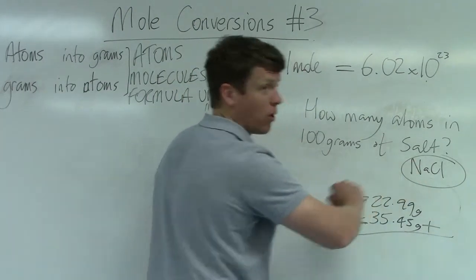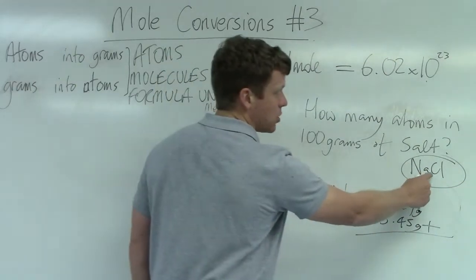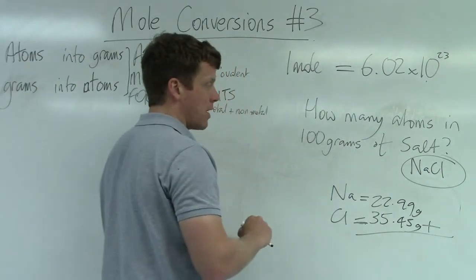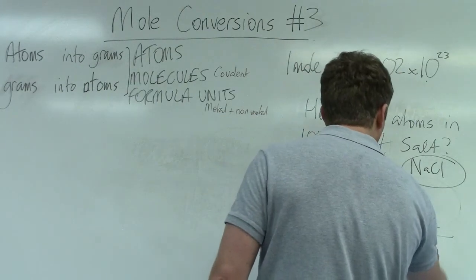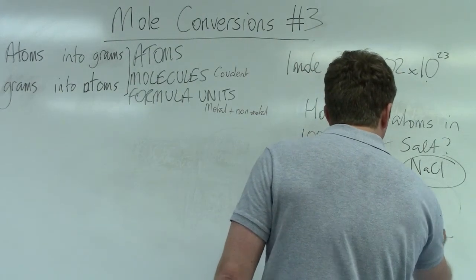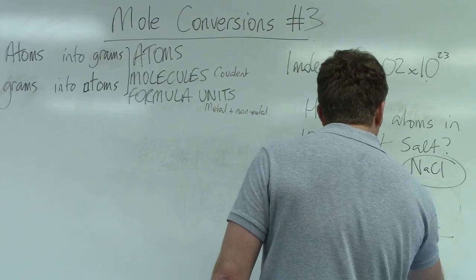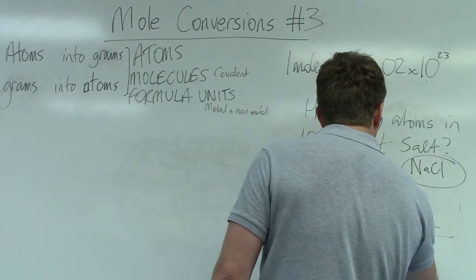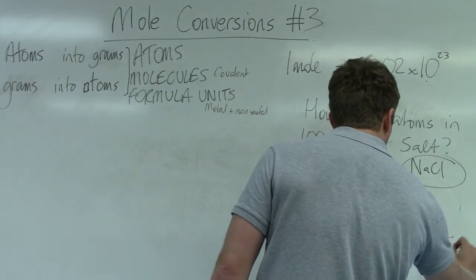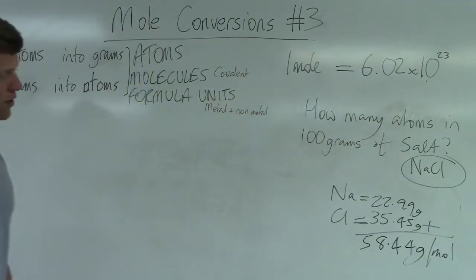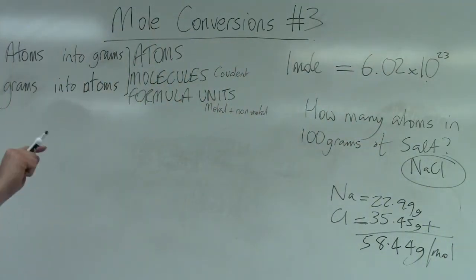The ratio is only 1 to 1, but we've got to pay attention to any subscripts that are there or not there. If you add those up, you get 58.44 grams of sodium chloride is equal to the mass of 1 mole.